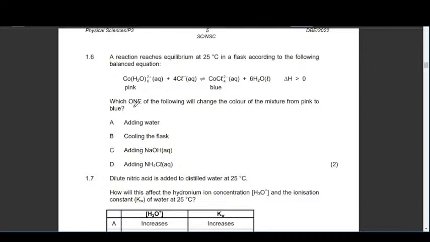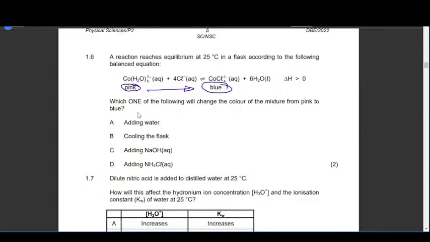They're saying that which one of the following will change the color of the mixture from pink to blue? So if it is in equilibrium, and then now you have pink, then you have blue. For this reaction to change from pink to blue, what must be done? It means that something must be added here, or something must be removed here.